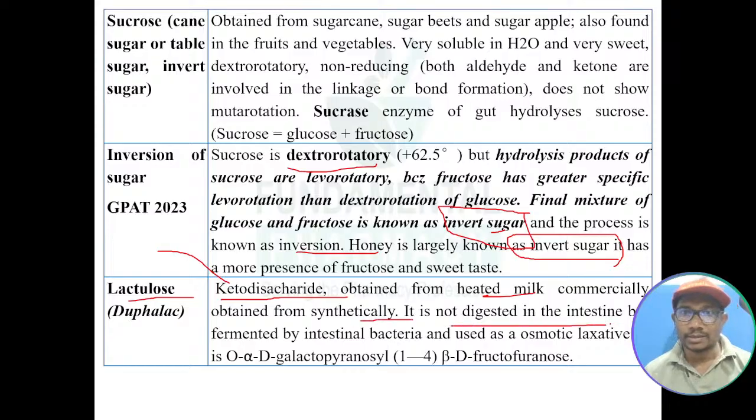It is not digested in the intestine but fermented by intestinal bacteria and used as an osmotic laxative. Lactulose is a laxative. Brand name of lactulose is Duphalac. Duphalac comes as a tablet and also as a syrup, from Abbott Pharmaceuticals. That is lactulose, an osmotic laxative.